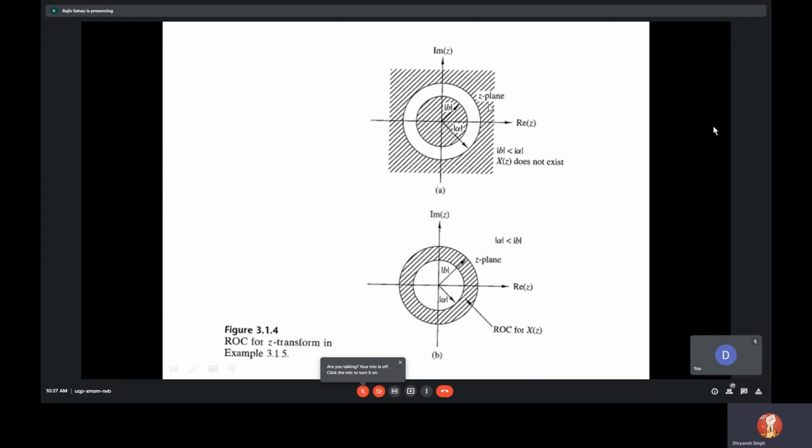So X(z) will not exist for this, and only for the case where mod alpha is less than mod beta, you will have an ROC. So with diagrams, I'm making it clear that this particular case has to be dealt with carefully. You cannot just derive the expression and write something. You'll have to think about the ROC.